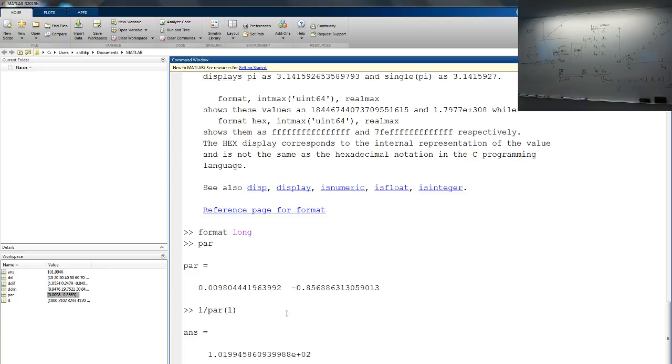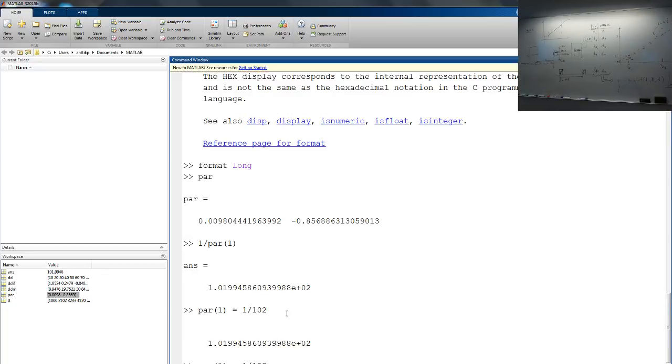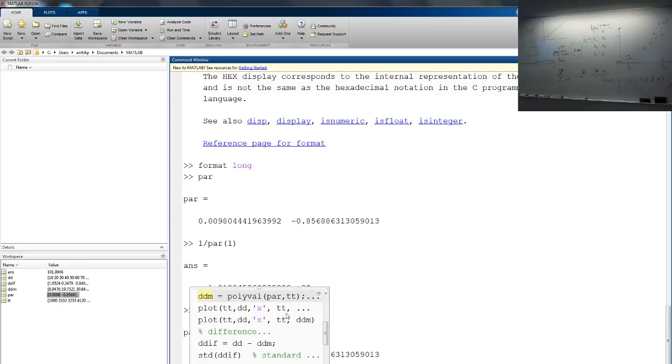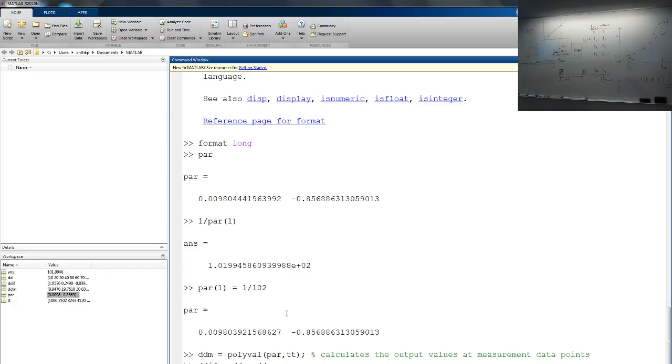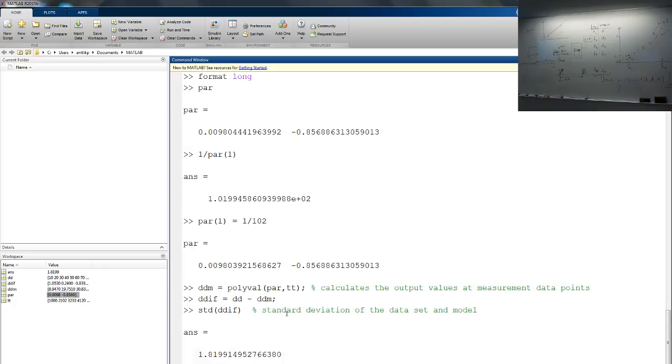But then it would be nice to check what happens if you have that 1 over 102 as one of the parameters, and do that one again, and then difference again, and then std. How much do you get? We get the same inaccuracy.